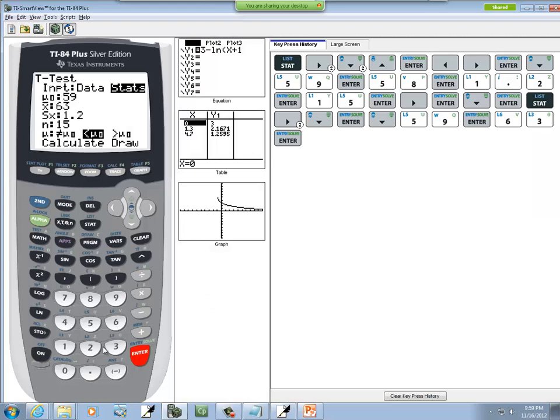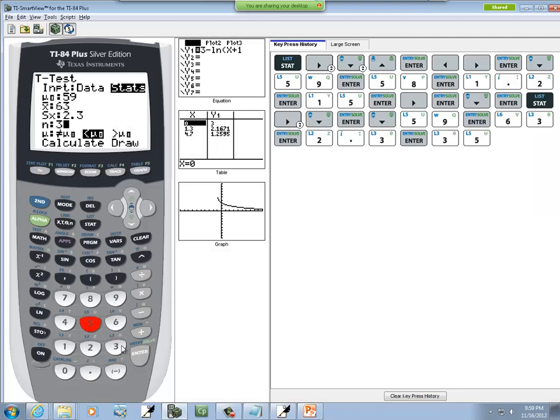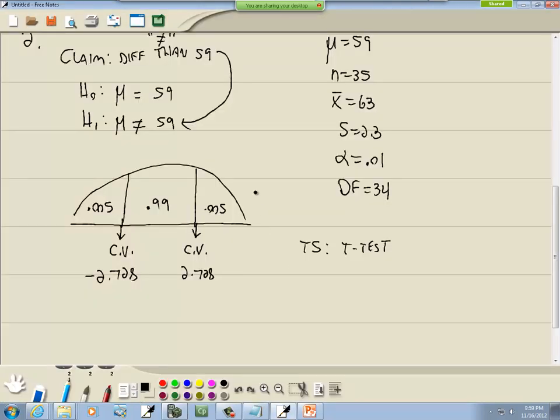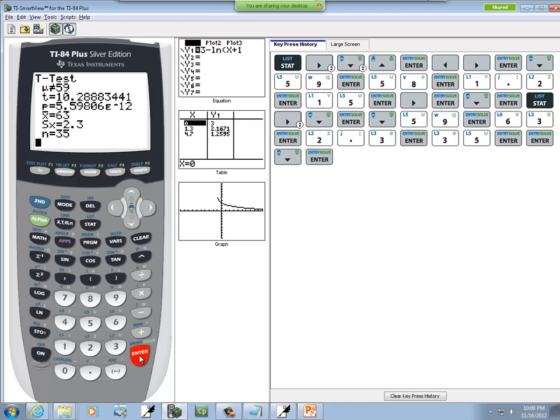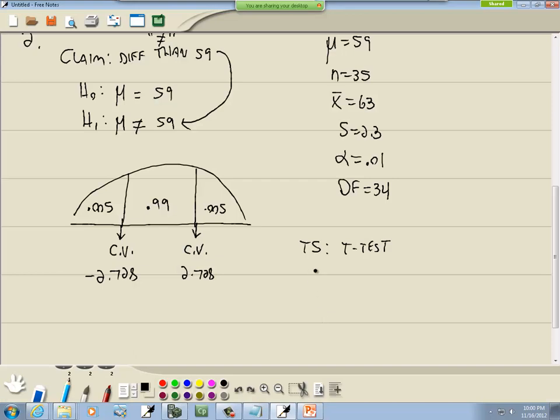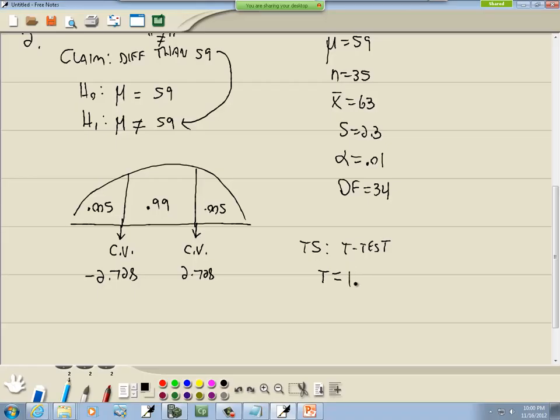S, 2.3. n, 35. And the symbol on H1 is a not equal to. So our flashing cursor is on not equal to right now. I'll go ahead and press enter on it. And that way it'll change the highlighting to it. And then I'll down arrow to Calculate and press enter. Now the t equals is our test statistic. So 10.29.